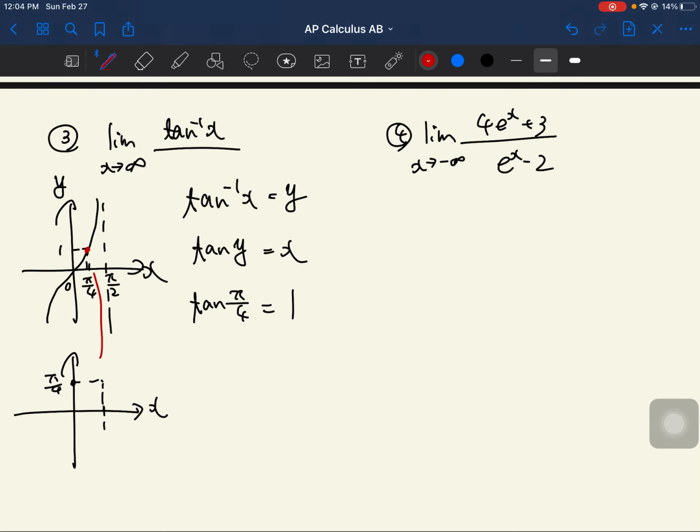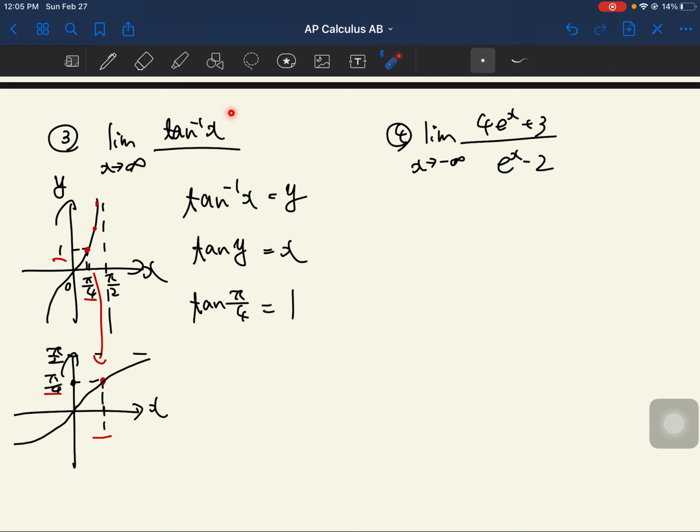So this point shifts like this. The value just turns around. So the graph also looks like that. If you switch all the x values and y values, the graph is going to be like that. And this value is pi over 2, as you can see here and here.